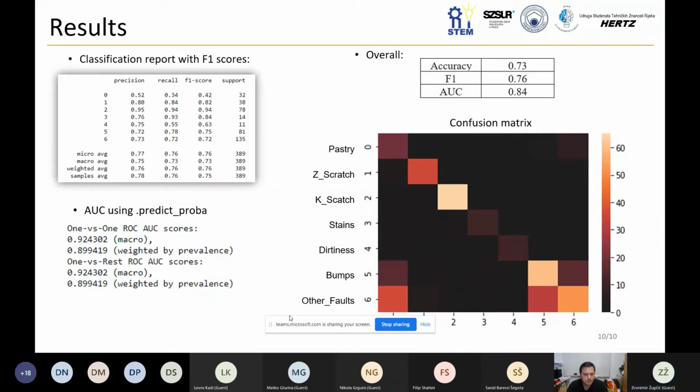But scores would probably further improve if the outputs were evenly distributed. So if the database, as in other cases, is distributed evenly.